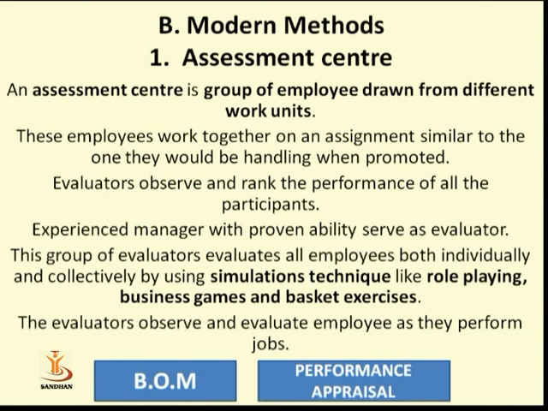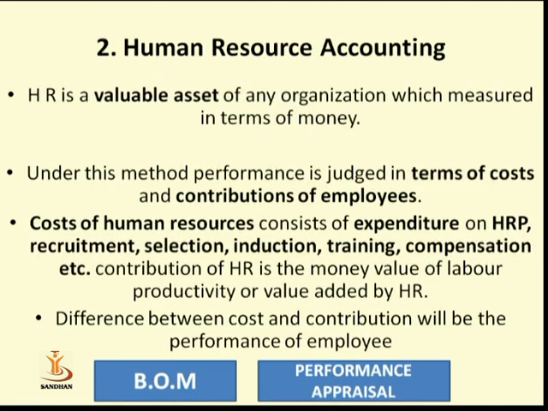The next method is human resource accounting, wherein the human resource gets measured in terms of money value, and that's why it is called a valuable asset of any organization.